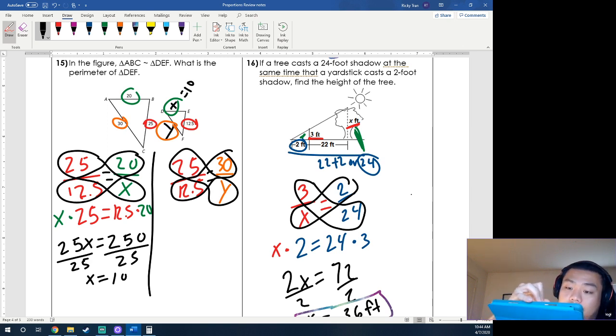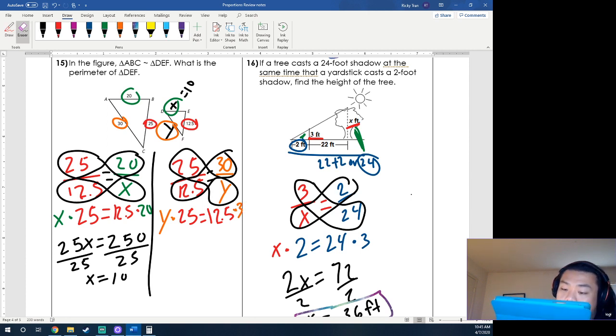And then on the other side, we have y times 25 is equal to 12.5 times 30.